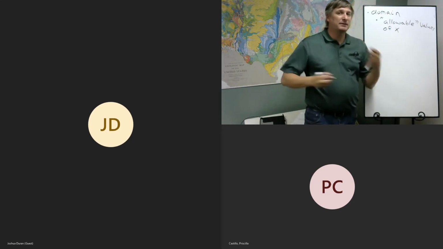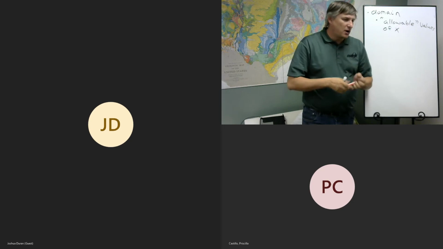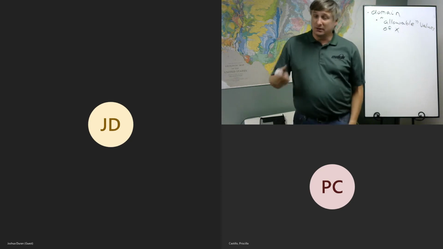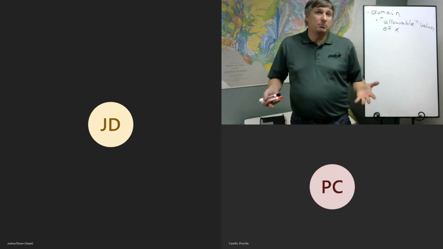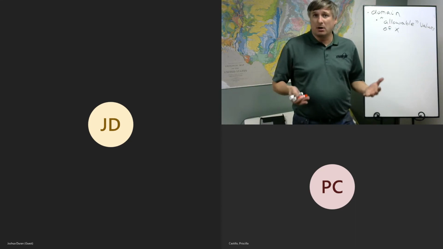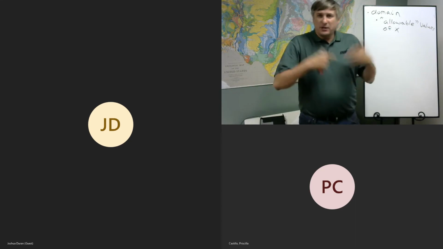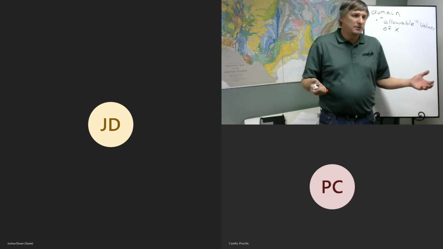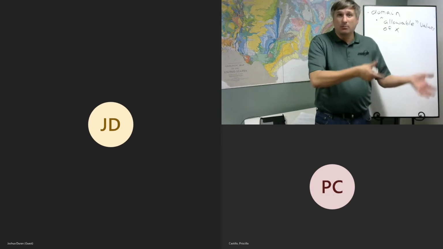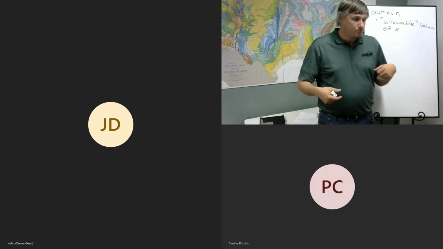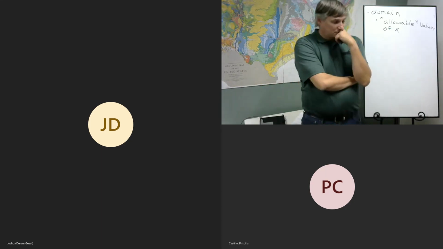Now, for what we mean by allowable, so far we've worked with polynomials and lines. Lines are actually a type of polynomial. They're a degree 1 polynomial. And you're free to choose x to be anything you want. And then you do some calculations and you get an output y or an output f of x.